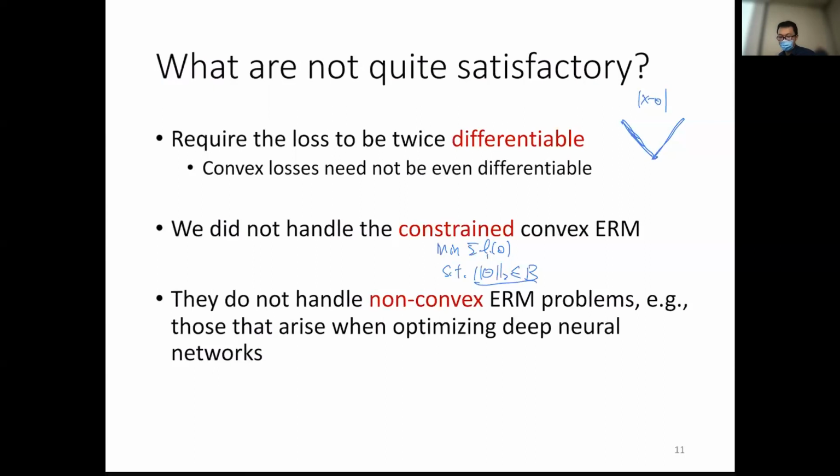So when we are minimizing ERM problems where the loss is non-convex, we can still run, say, stochastic gradient descent. It often works in practice, and sometimes it gives us sufficiently good training results, even though it doesn't give the optimal empirical risk minimizer.